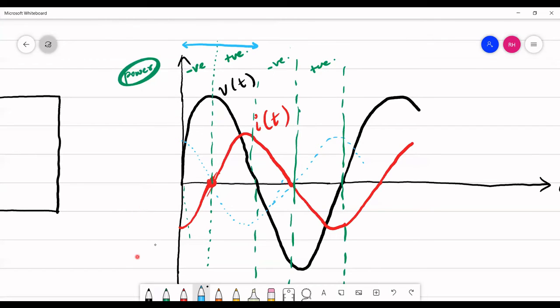So let us trace now. It is going to be a negative sinusoidal waveform. So here it's going to be negative. Okay, so the value of power is going to be greater than the value of voltage. And then it's positive here.